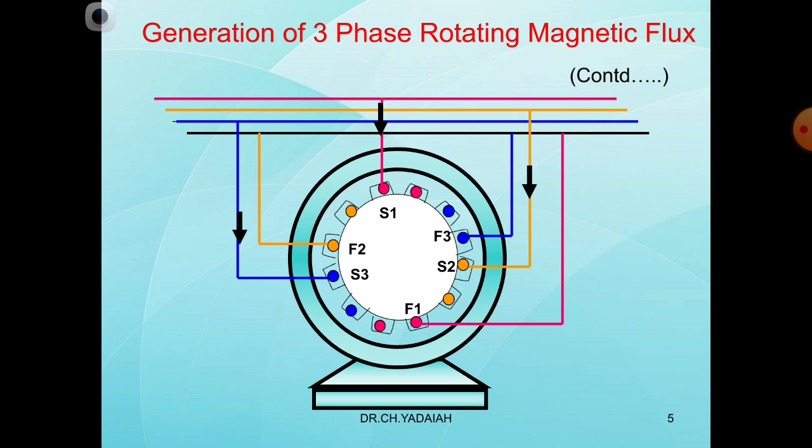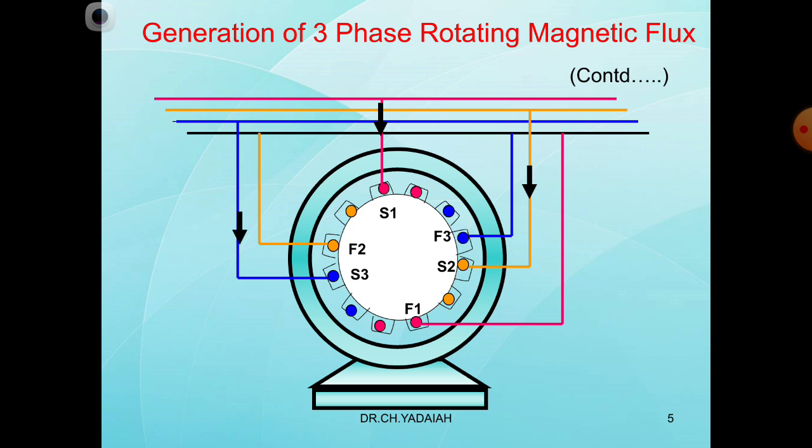Similarly, the R phase draws armature current, the Y phase draws armature current, and the B phase also draws armature current. As we know, whenever current passes through a winding, it establishes its magnetic field. This magnetic field is directly proportional to the current.